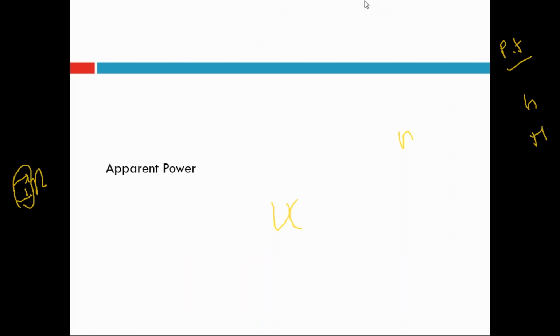Now, in an electrical system, we have three types of powers: apparent power, real power, and reactive power. Apparent power we represent in terms of VA, volt ampere. The second one is real power, also called active power.